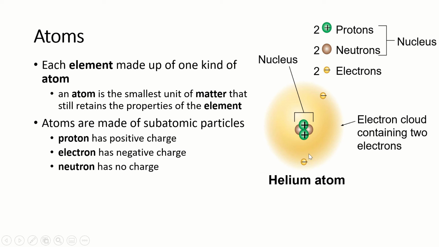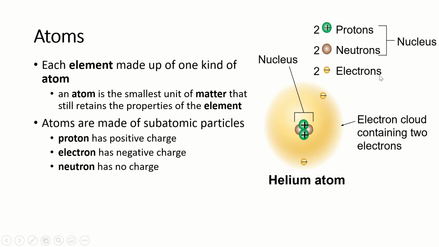The protons and neutrons are really big. The electrons are very, very small. But since they buzz around and they can sometimes be removed, they are very important in giving each atom its characteristics. So this is a helium atom, which has 2 protons, 2 neutrons, and 2 electrons.